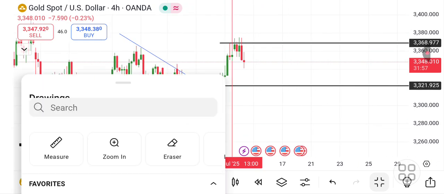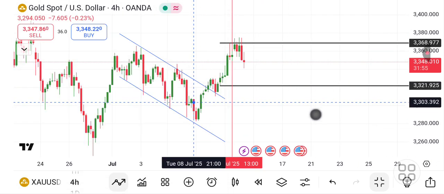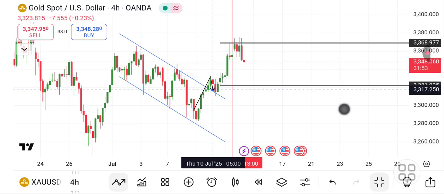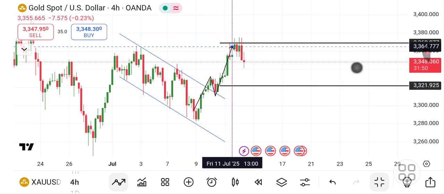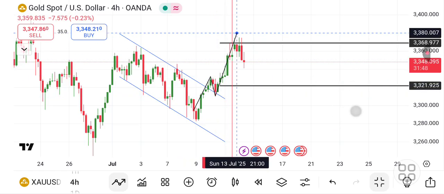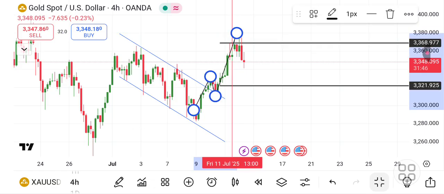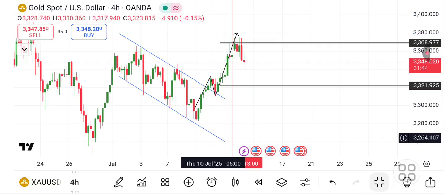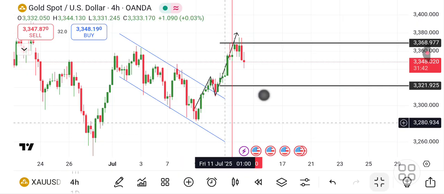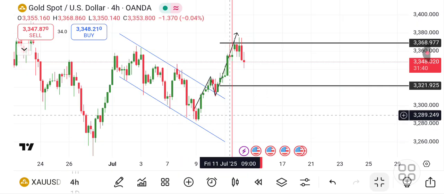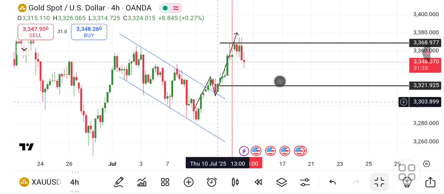So the market broke the flag, retested, then moved up right here, broke, retested, giving us three bottoms, then it rolled up, showing us that the market was bullish. So starting from Thursday up to Friday, we knew that price had to go up after this retest.